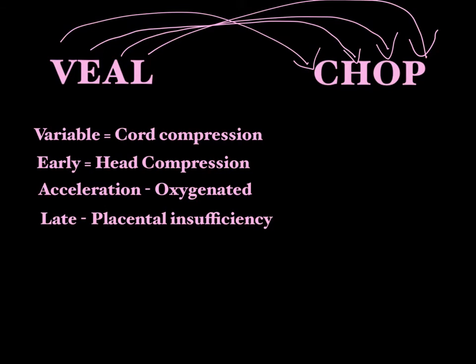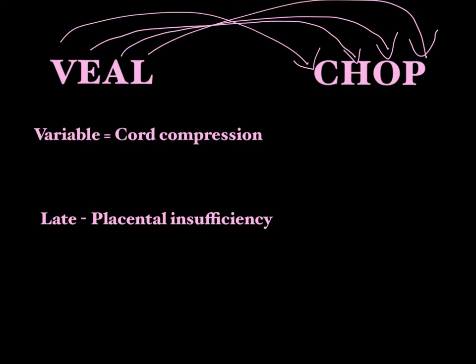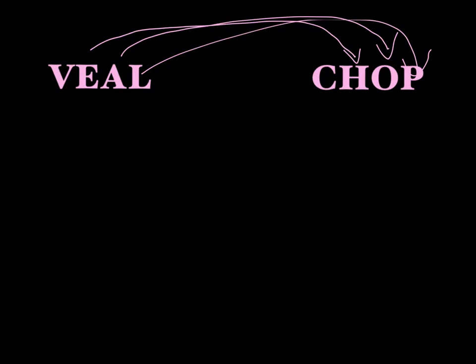Okay, so that's a really good mnemonic. So now we want to know, what do we do when we see something in a strip that we don't like? Maybe we have minimal variability, maybe we have lates, maybe we have repetitive variables that are not recovering well. So we want to know what we need to do about that. So this is the part where we learn about intrauterine resuscitation.